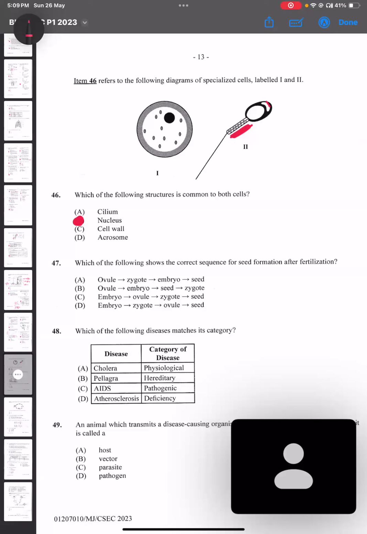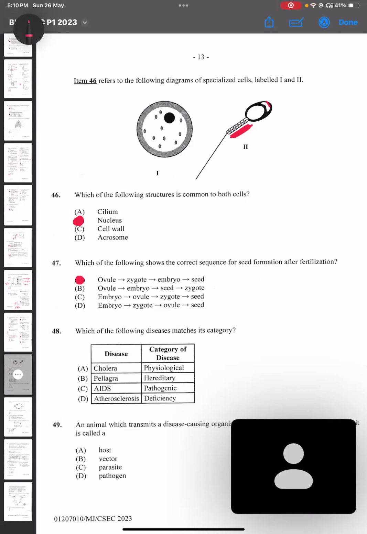So Joshua says ovule after fertilization and seed after development. Shanice says it starts with an ovule and then it develops. I had put A as the answer.